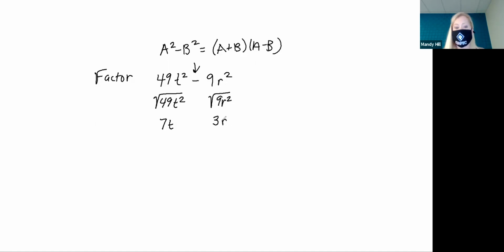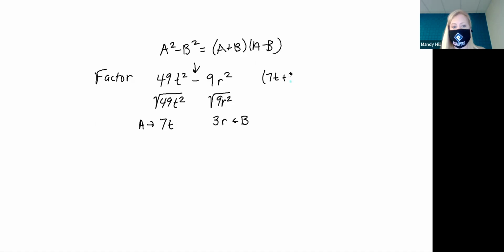So once again, we have the difference of squares because we got a subtraction. Whatever you get here is going to be your a. Whatever you get here is your b. So we can go straight to the answer. It's going to be 7t plus 3r.